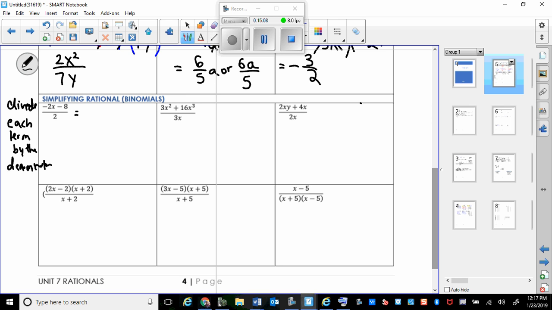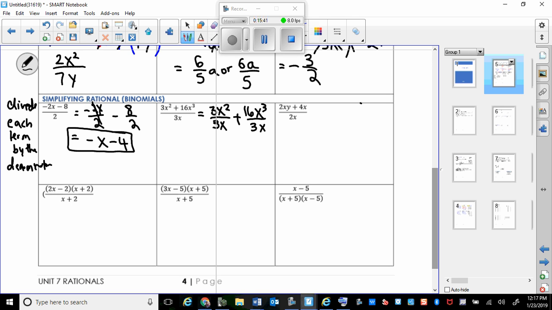So one term on the bottom. So that means I'm going to separate each one and divide each one by 2. Minus 8 divided by 2 equals, this goes away, negative x minus 4. And there's the answer.